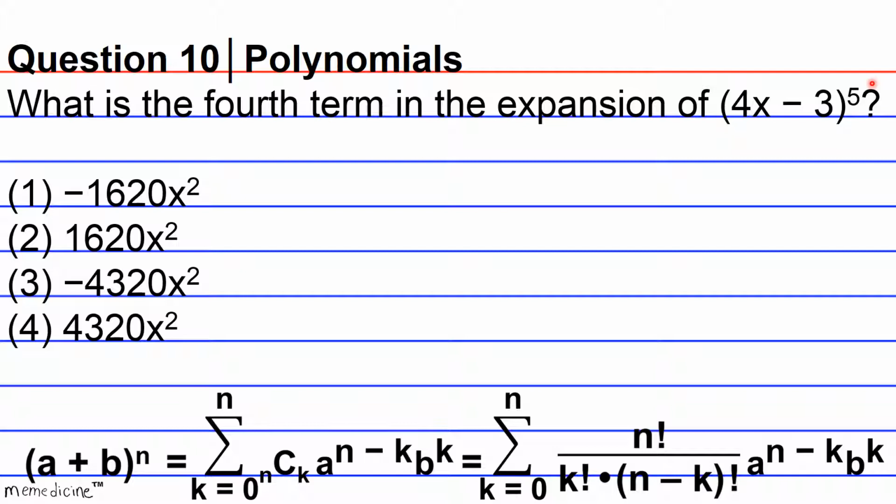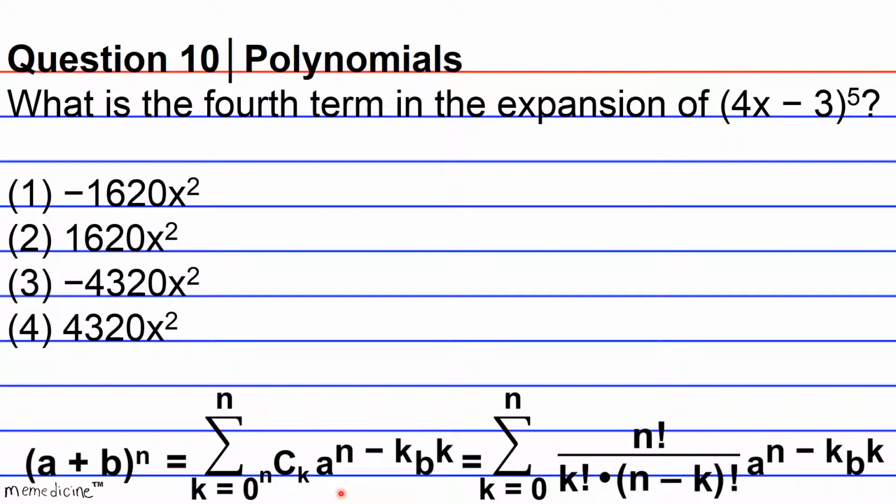But what this means is that the fourth term is not going to occur when k equals 4, rather it's going to occur when k equals 3 because we started our counting at 1. The first term is when k equals 0, second term when k equals 1, third term when k equals 2, and the fourth term is when k equals 3.